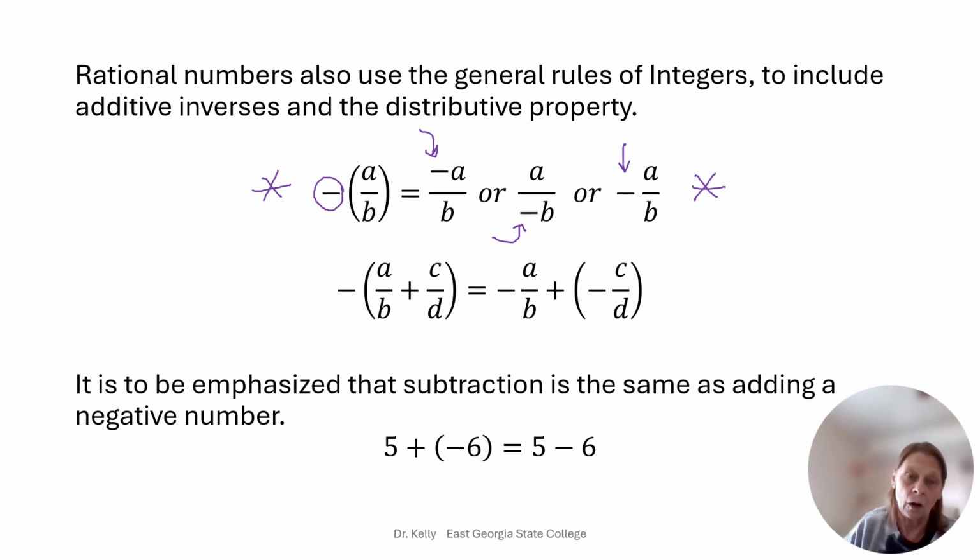So do be careful with your students and make sure they understand. Also, there's the distribution of anything across the rational numbers. That also works. And a lot of students have this confusion even in college classes when they have a plus, a minus.